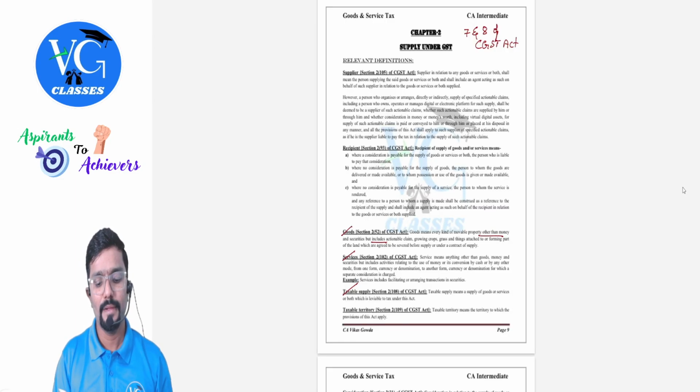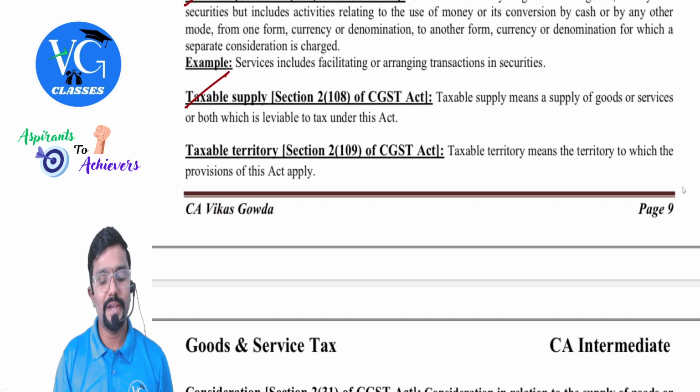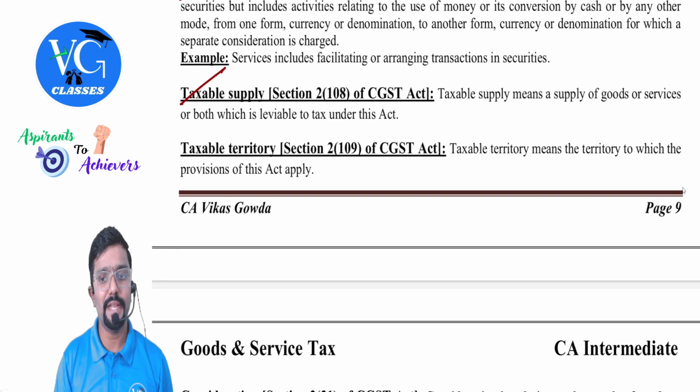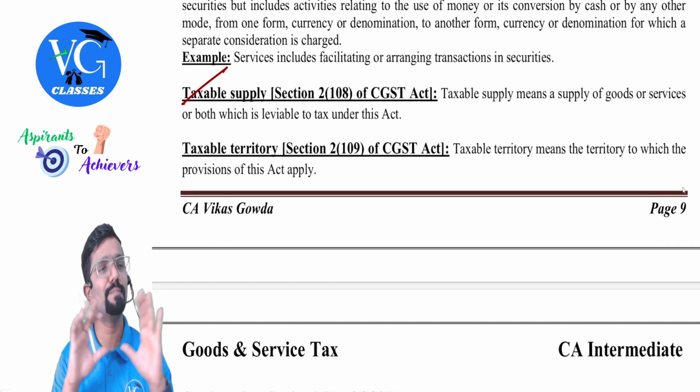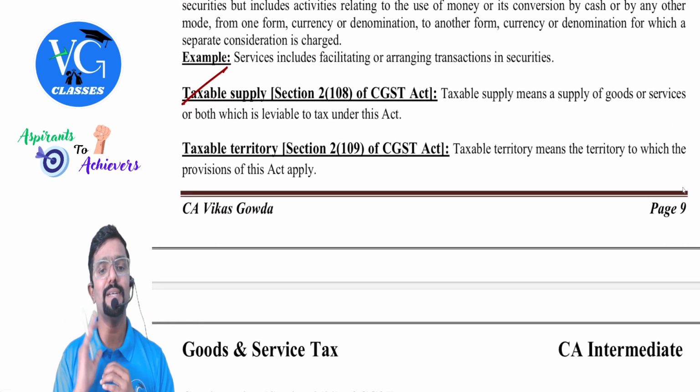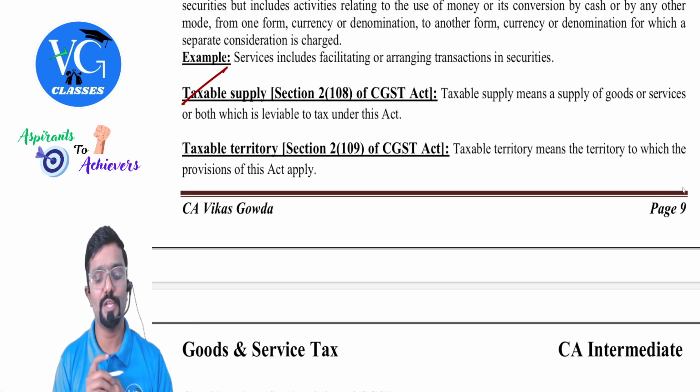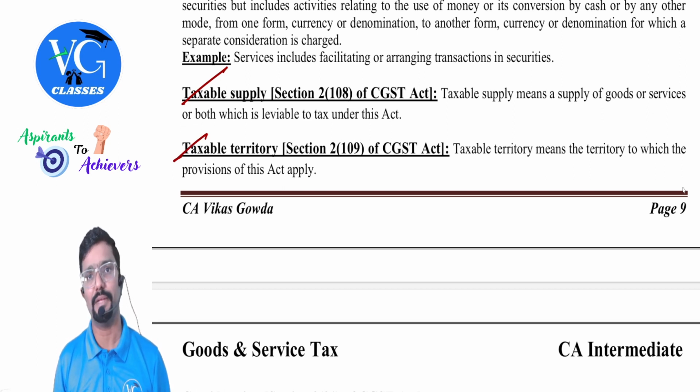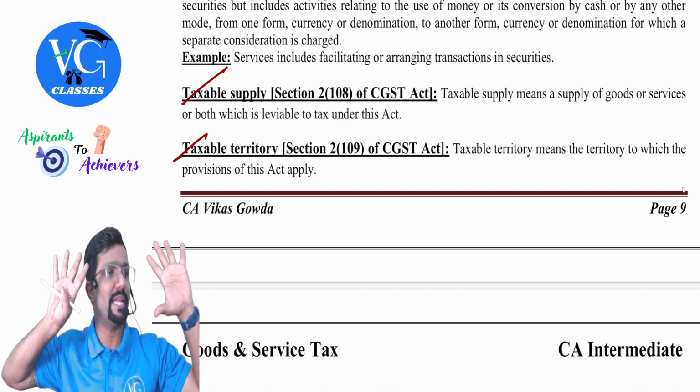We'll go back. So taxable supply we understood. Now what is taxable territory, sir? Taxable territory means, in simple words, India, guys. Section 2 clause 109 tells what? Taxable territory means the territory to which the provisions of this Act apply. Sir, which is the territory? We will understand when we are learning section 9, guys.